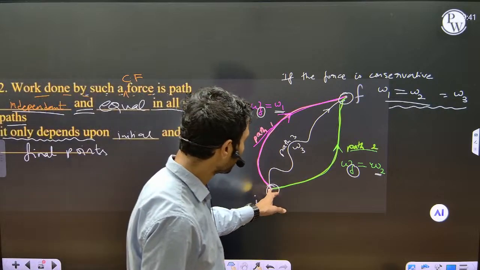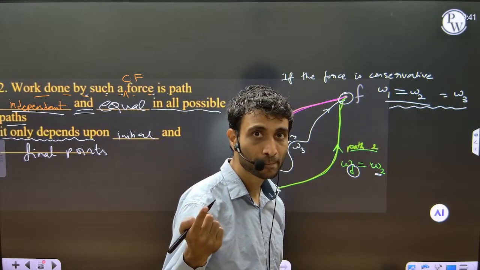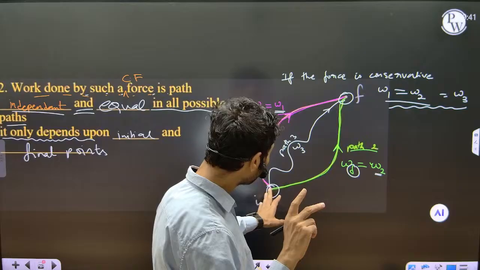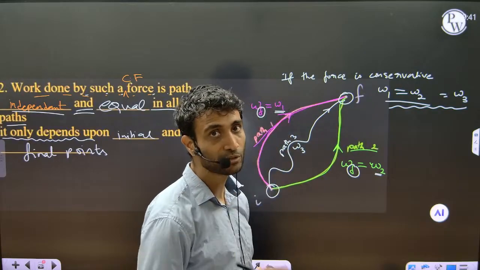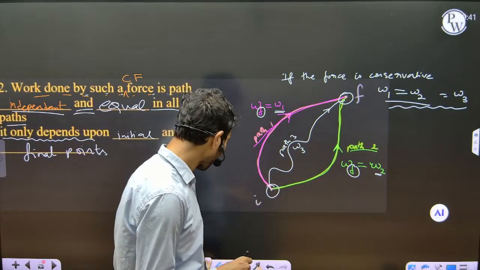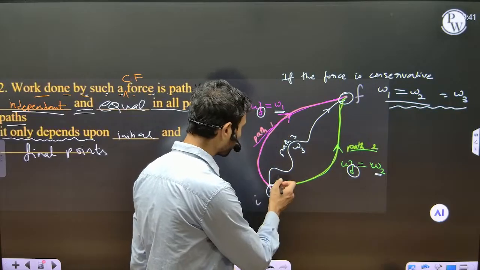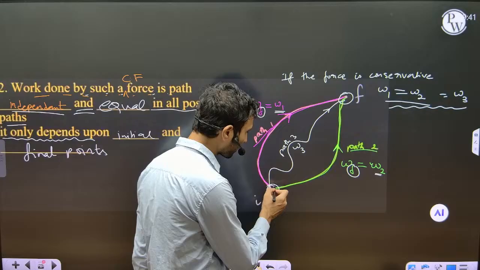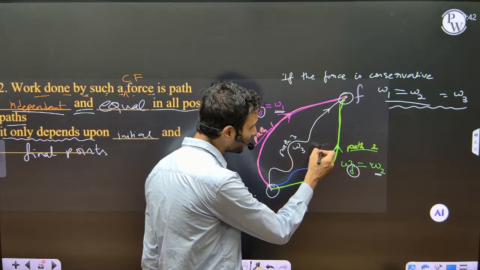Work done only depends on the initial and final point, because if you take a different initial and final point, then the work will be different, right? Then it is not guaranteed to be the same as the other works. Let's say you take a different path, and my final point is also different.